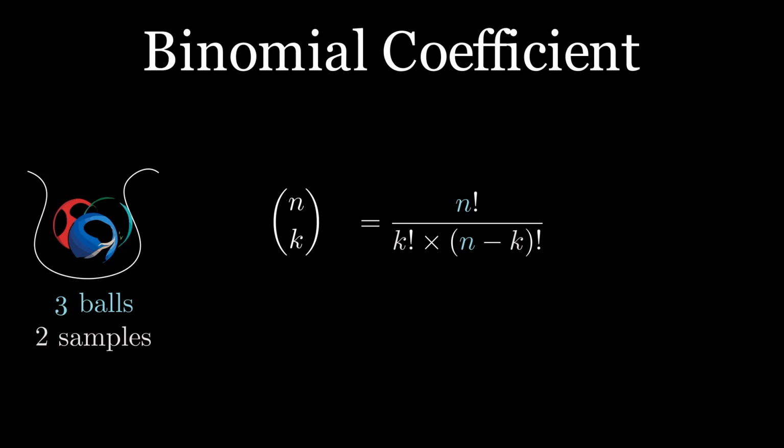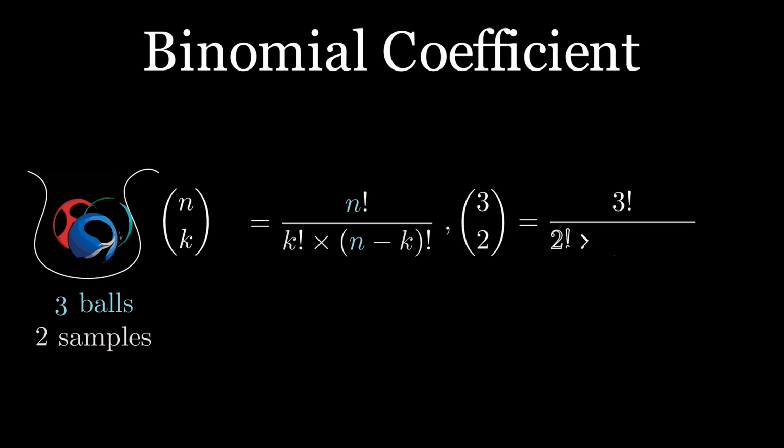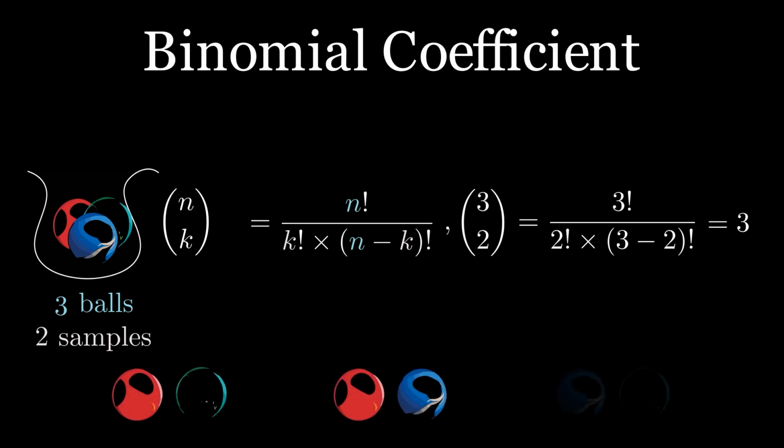Substituting these values in the formula n choose k, we get 3 factorial divided by 2 factorial times 3 minus 2 factorial. Calculating this, we get 3 as the binomial coefficient. This means there are 3 ways to choose 2 marbles from 3 marbles. What are those ways? Let's see. They would be red and green, red and blue, green and blue.